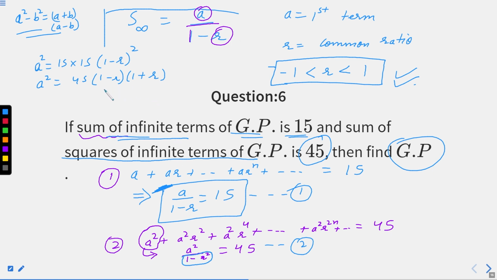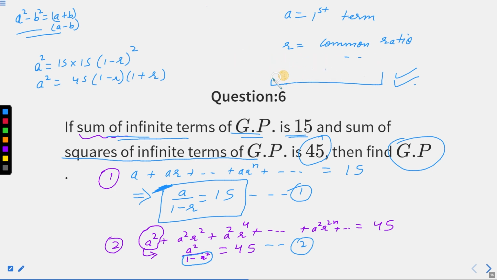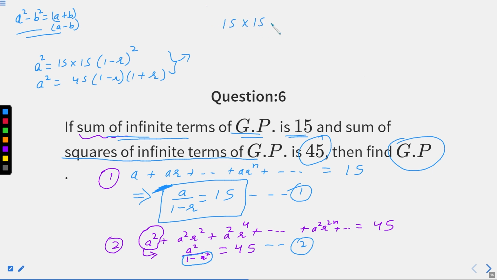Clear? Now let me clear some part so you can easily see what I am doing. From these two equations, let's substitute the A square value into the other. So we get 15 times 15 times (1 minus R) whole square is equal to 45 times (1 minus R) times (1 plus R).